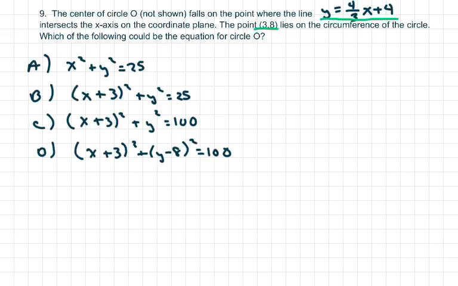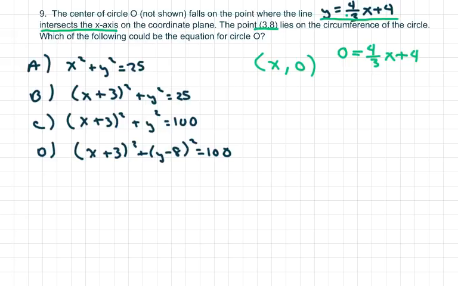So start by finding the center of the circle. You're told that the center falls on the point where the given line intersects the x-axis, which is the same as the x-intercept of the line, right? So basically, we know that the x-intercept is x comma 0. That's when y is 0. So we're going to let y be 0 and solve for x. So you have 0 equals 4/3 x plus 4.